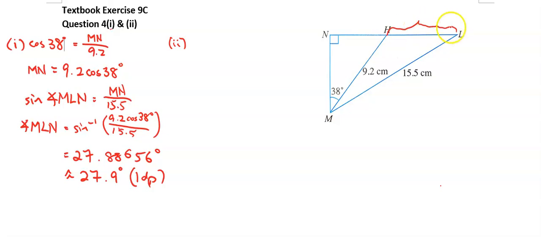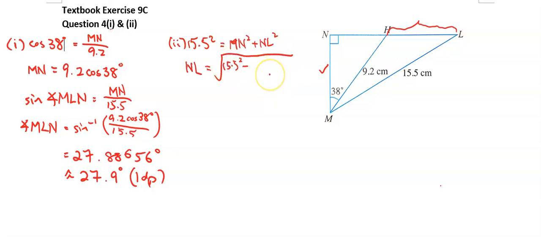To find NL, we can make use of the big right angle triangle. We have already found MN in part 1. We use the hypotenuse: 15.5 squared equals MN squared plus NL squared. In order to get NL, we take the square root of 15.5 squared minus MN squared.